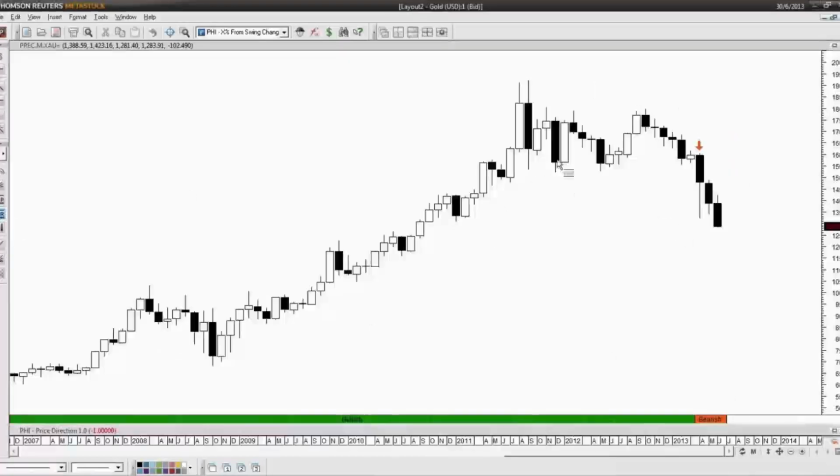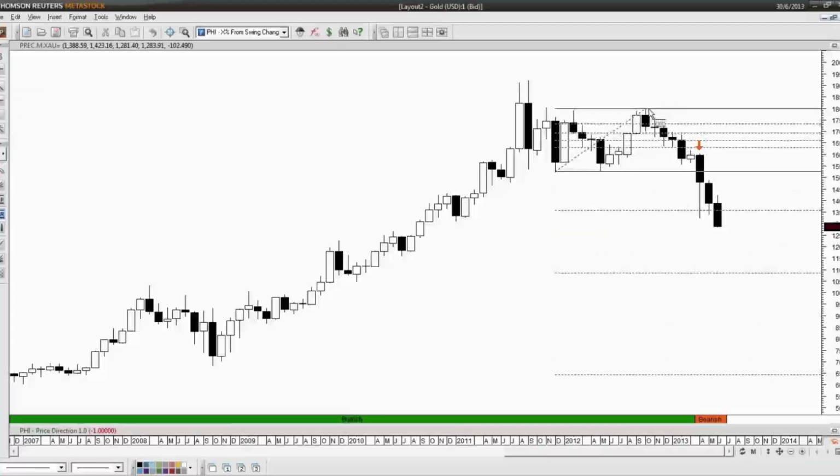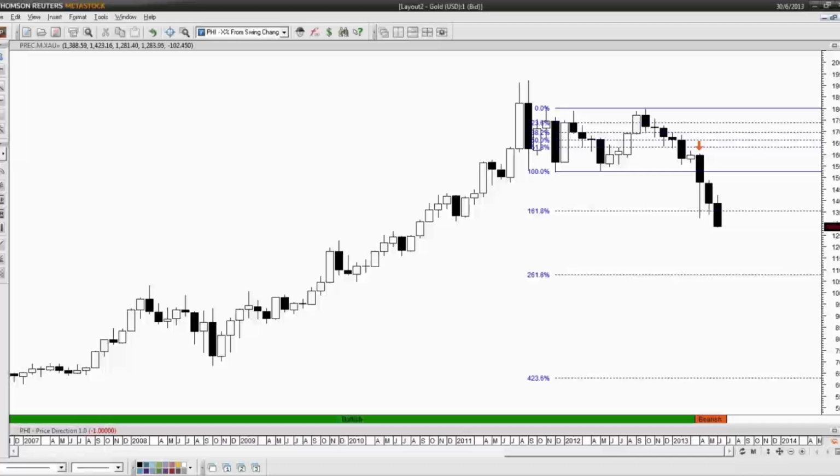Yes, so you see, again we were going up, came down, then went up, failed to go higher, and once it broke the 1520, it gave us a swing to go down. It reached its first target actually in April when it broke down, and now our next target is the 1100 area.